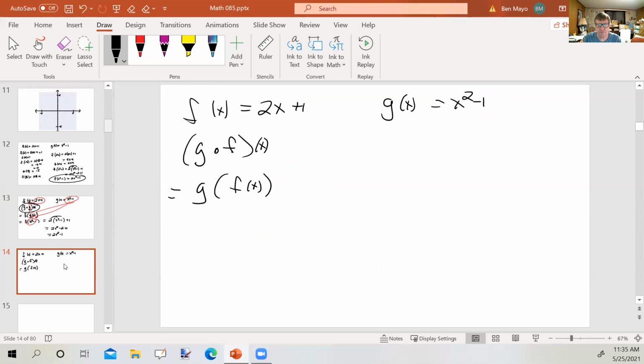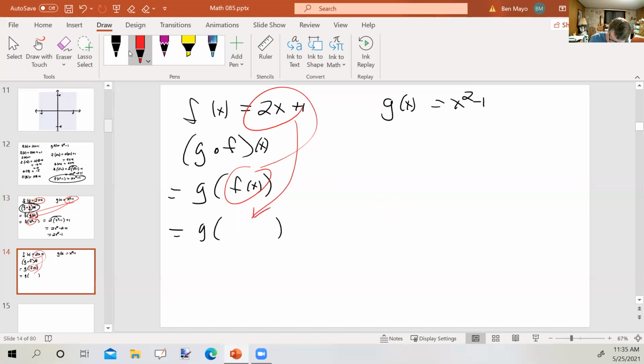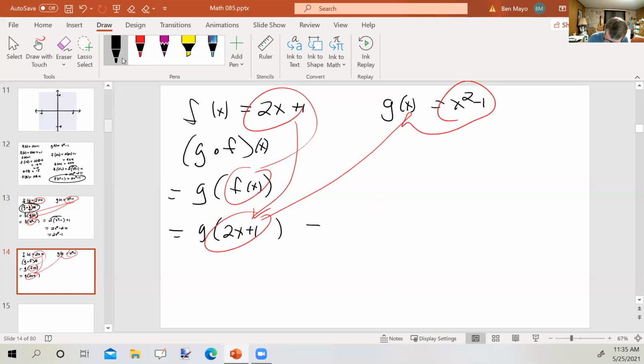But that's equal to g of, let's see, f of x, that's this, so that's going to go in there. So that's going to be g of 2x plus 1. And then that's going to go in there. So that's equal to 2x plus 1, the quantity squared, minus 1. Remember, all of this replaces x in the g of x function.